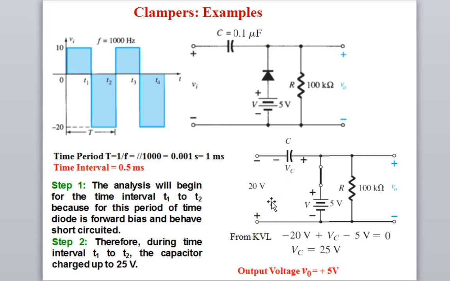If you apply Kirchhoff voltage law in this circuit, minus 20 volt plus Vc minus 5 volt is equal to 0. So Vc is equal to 25 volt.